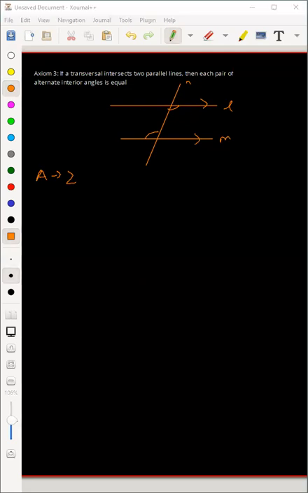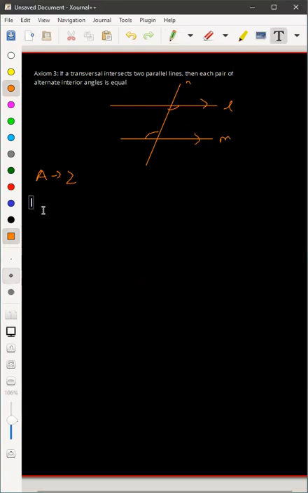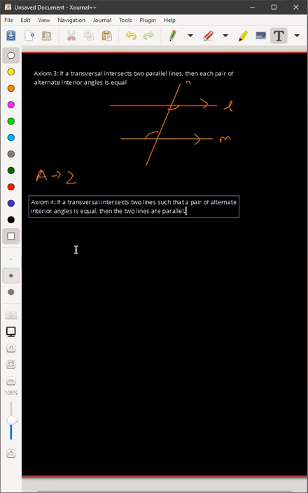Now, similarly, we can prove that if we have two lines and we can prove that the alternate angles are equal, then automatically the lines become parallel. That's axiom 4. What does axiom 4 state? If a transversal intersects two lines such that a pair of alternate interior angles is equal, then the two lines are parallel. So what are we given here?